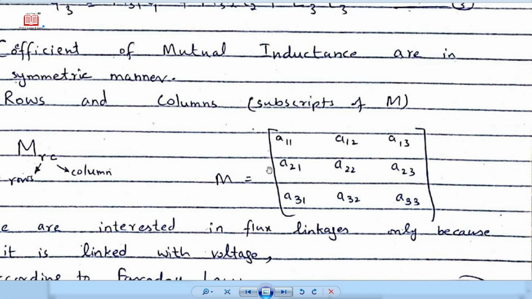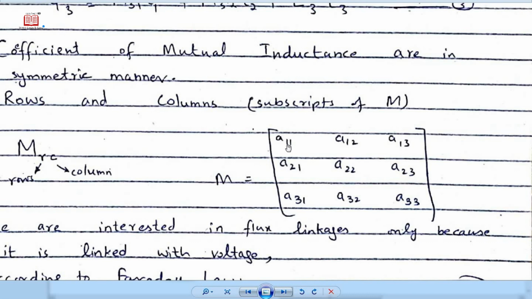Here the matrix has different elements. The two subscripts represent the row and column. First row, second row, third row, these are horizontal, while this is the first column vertically, this is the second column and this is the third column. So rows and columns are represented here.